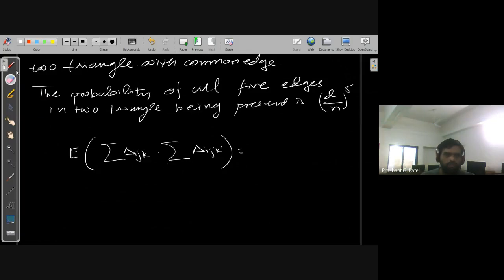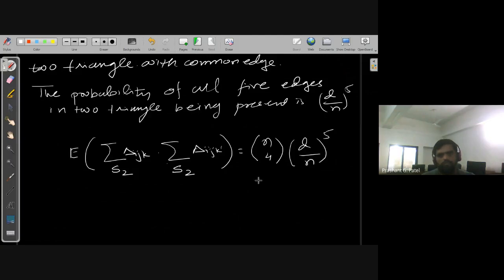Not all, but it belongs to S2. Then what will this be? It is NC4 into d by n raised to 5.